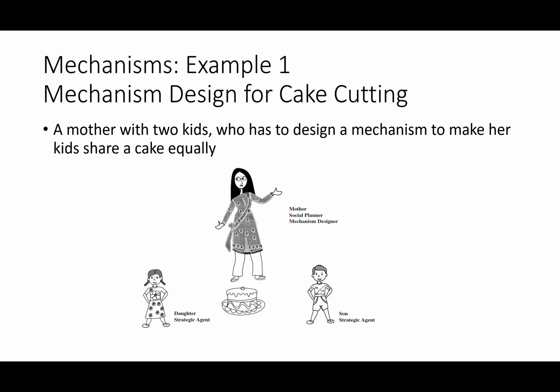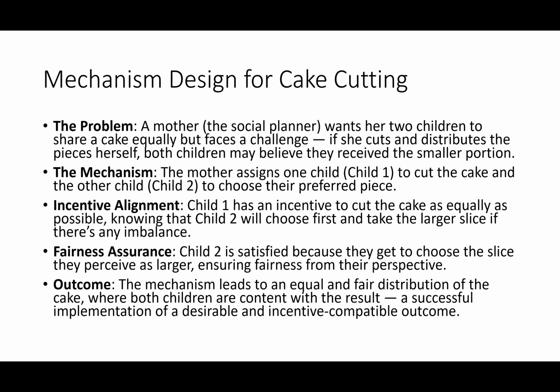But the girl's strategies are to pick one, either the small one or the big one. Whichever it is, at the end of the day, the boy thinks that he's cut the cake equally, and the girl also knows that she has picked, in her mind, the one she feels is best. So the mechanism designed for cutting the cake here is what I have explained.